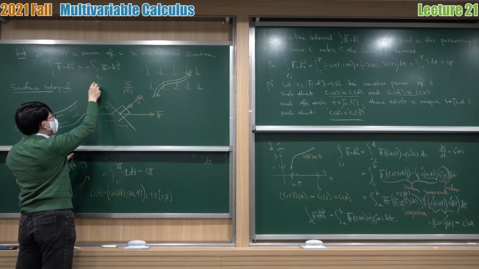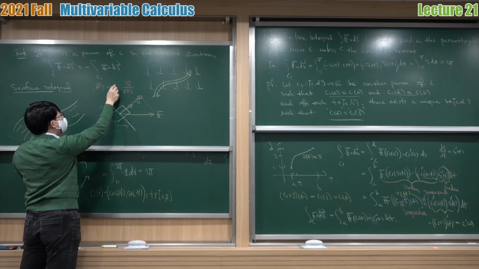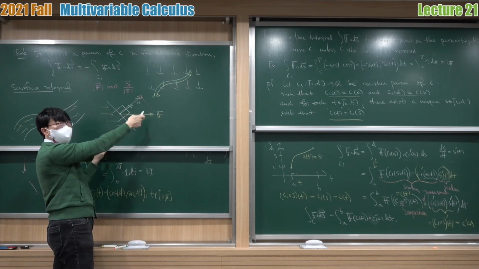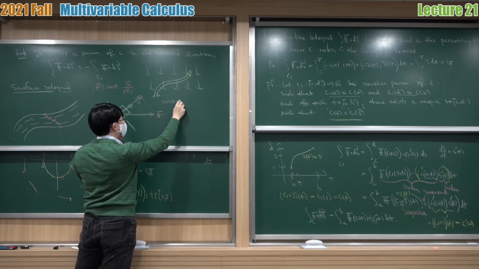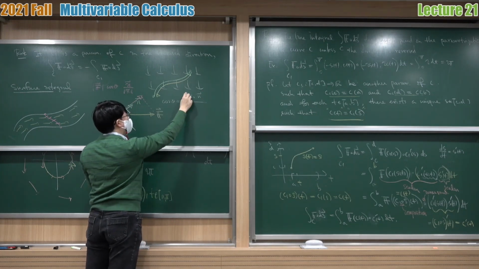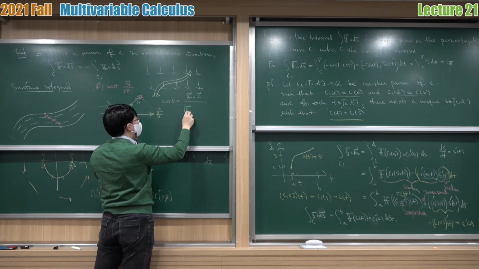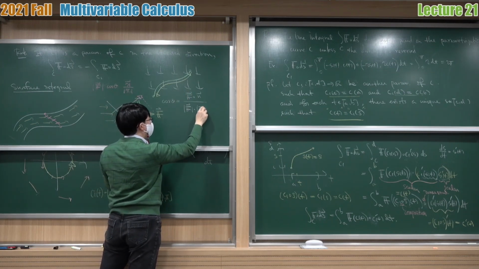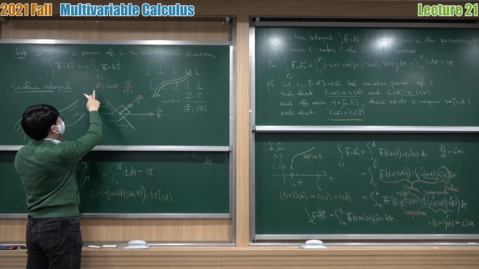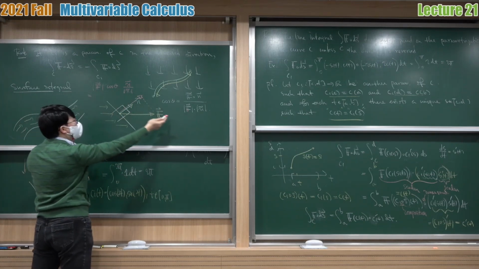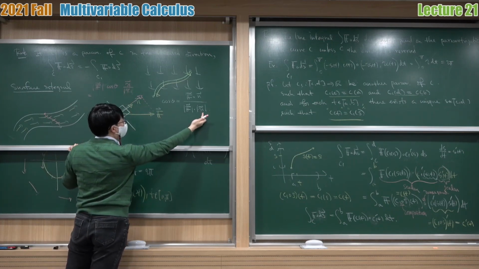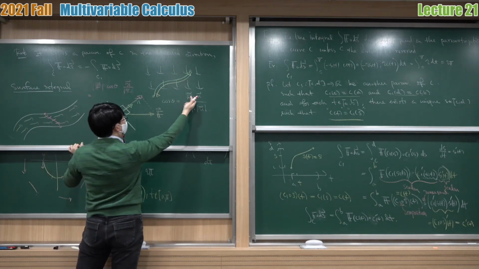But cosine theta is given by the inner product of n and f divided by the norms. So I plug in cosine theta there, the f norm cancels, and we have the square of the n norm in the denominator and f inner product n.